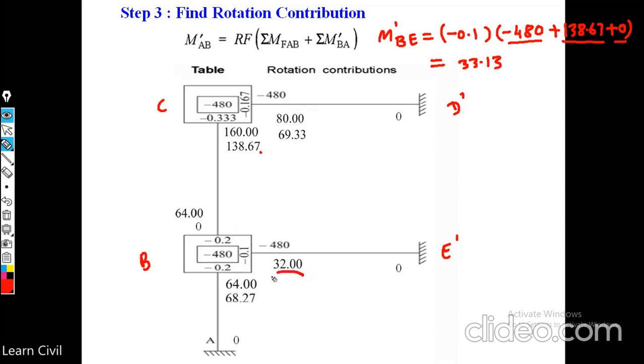Just write down this value here. Similarly, find out the rotation contribution for member BC. Rotation contribution B dash C is equal to rotation factor for BC, that is minus 0.2, multiplied by summation of fixed end moment plus rotation contribution at far end. So we get this value equal to 68.23. Just write down this value here.